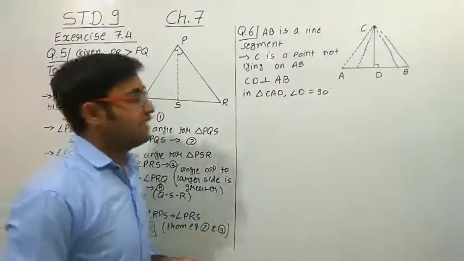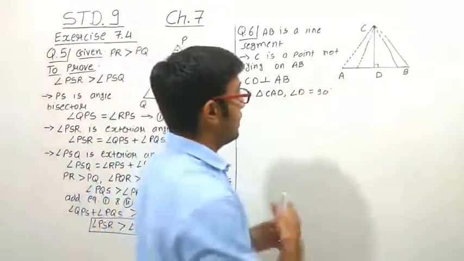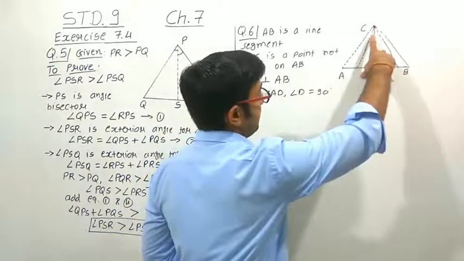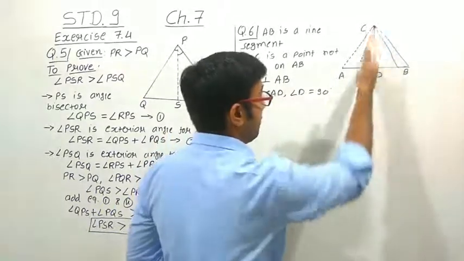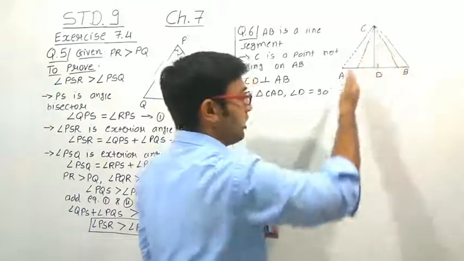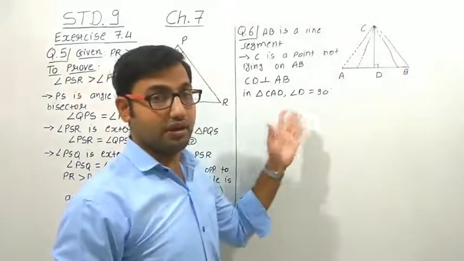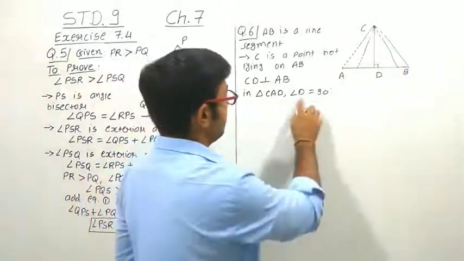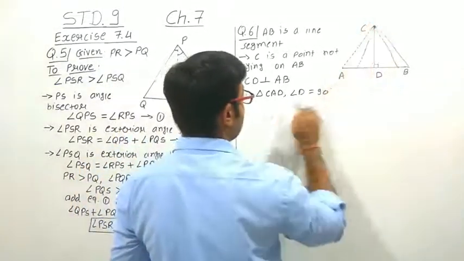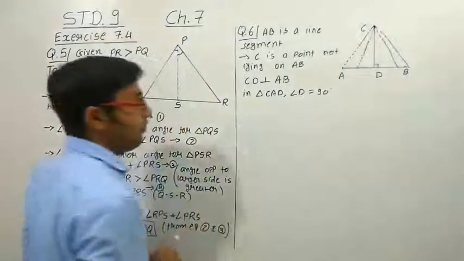Any one line segment we have to consider, so we have considered this line segment CA. You can also consider one more line segment closer to CD. So here a triangle CAD is formed, in which angle D is 90 degrees.